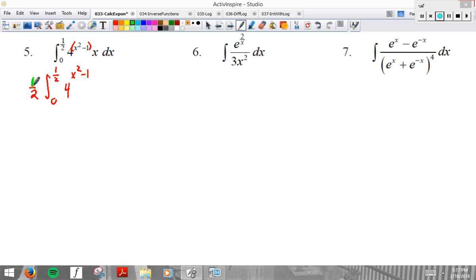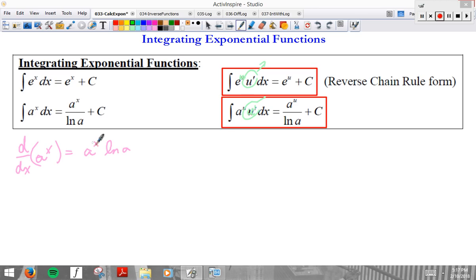Again, these are tied intrinsically, so I'll have them in the same color. 2x. So this becomes my hook off, and now I can take the antiderivative using the same rule we had over here.